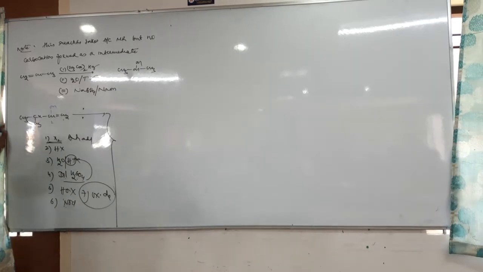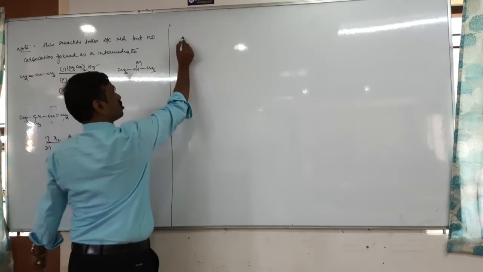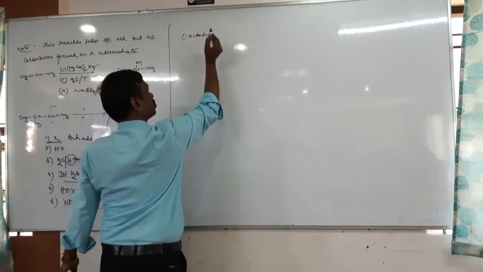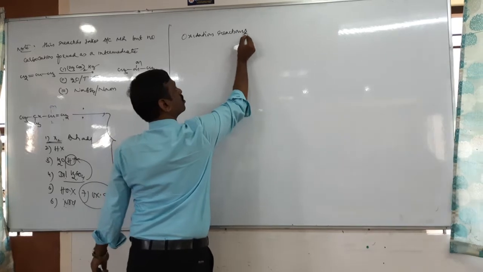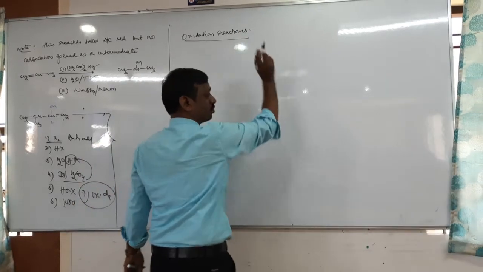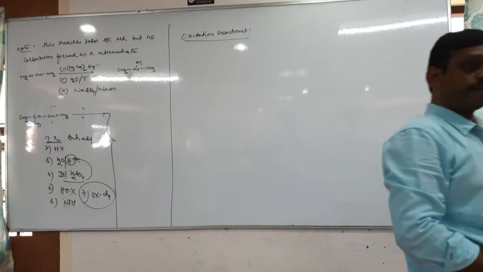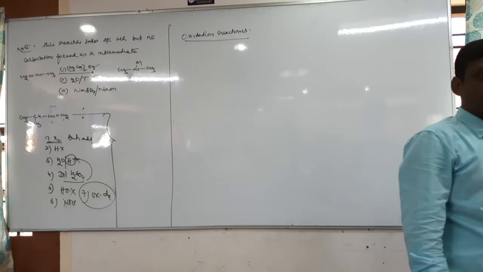Okay, so next is oxidation reactions. So alkenes can also undergo oxidation reactions. Now the same oxidation reactions we have studied in the alkane topic. Do you remember? Alkane can undergo which oxidation?